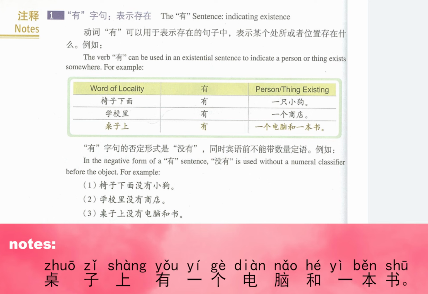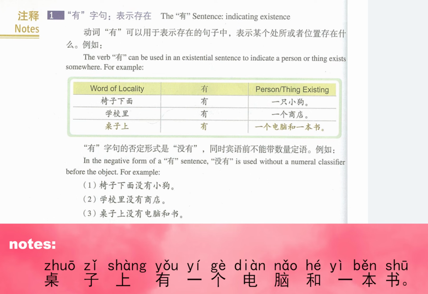And again, we put 上 after the item. The item here is a table. 桌子 is a table. Literally, it's table on. But in English, you say on the table. Yeah? I told you the rule. You know how it is.